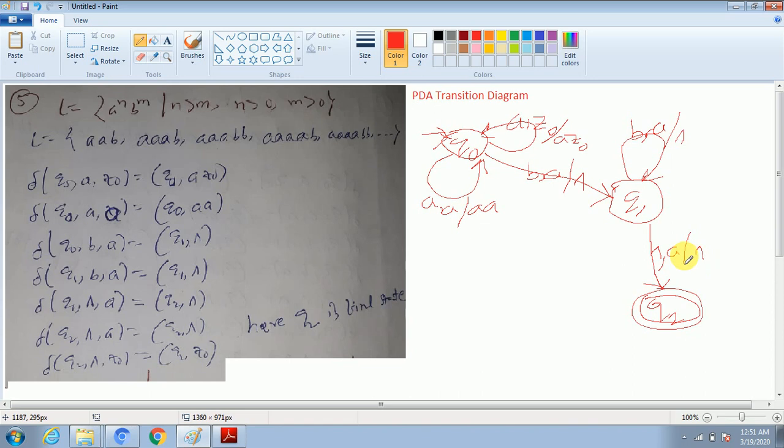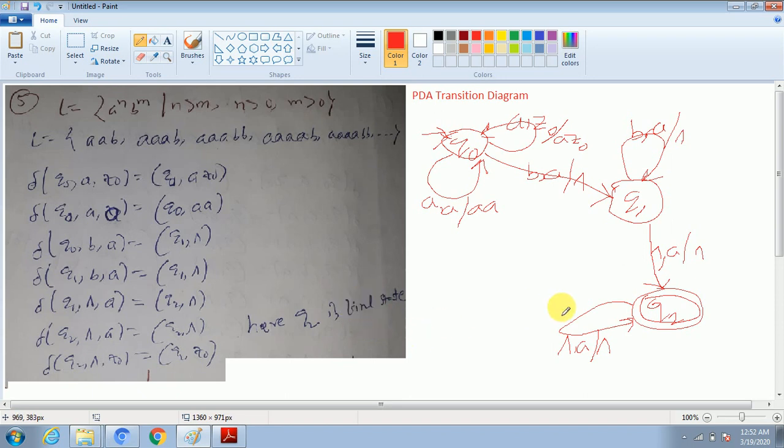So what is the clarity here? The coming input is over and the PDA still has A, in the sense the number of A's is more than the number of B's. It becomes final actually, but we still need to remove all the A's. The last but one function is Q2, null, A equal to Q2, null, meaning at Q2 a self loop, coming input is null, top A is removed, to remove all the A's from Q2, so that we are still in the accepted mode.